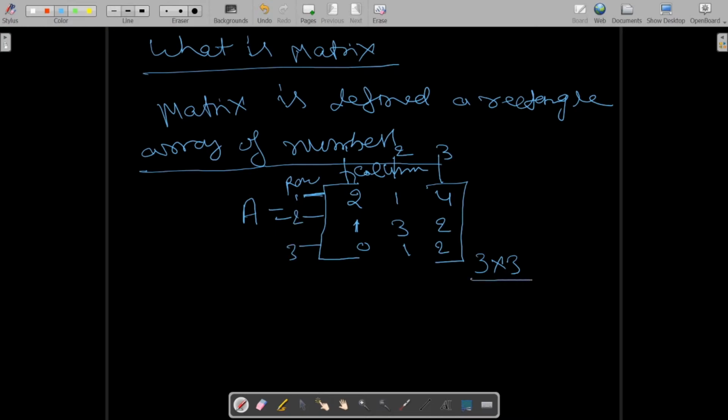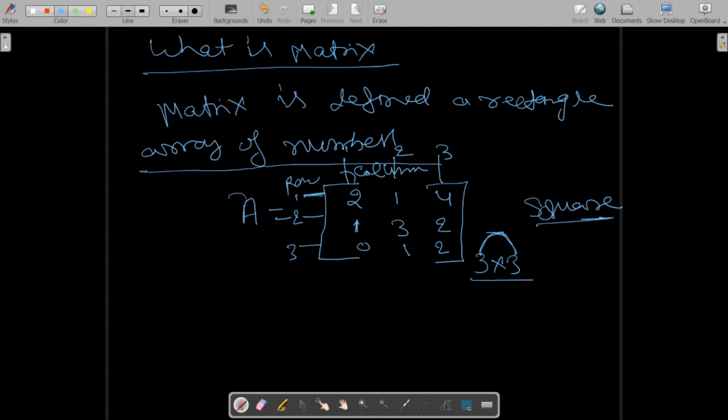That's why we say 3 by 3 size of matrix. If the number of rows and columns are the same, then we say that the matrix is a square matrix. If you see here, the row count is 3 and the column count is also 3. So we can say that this A is a square matrix.